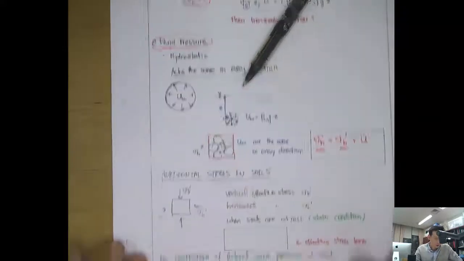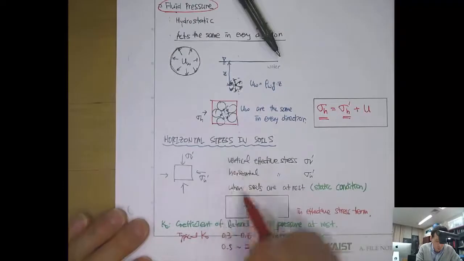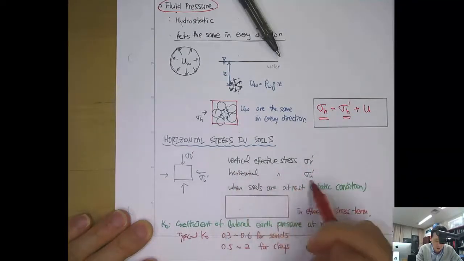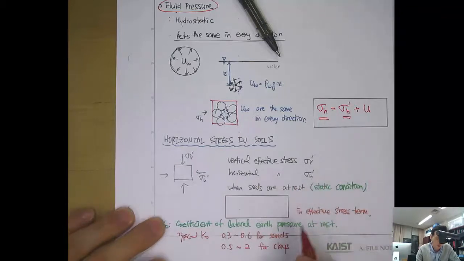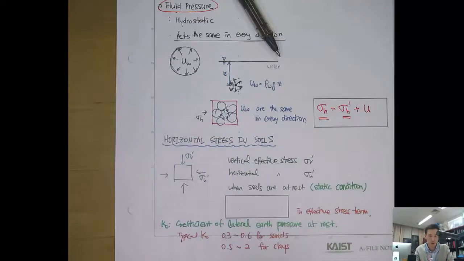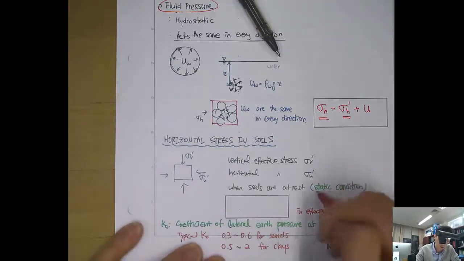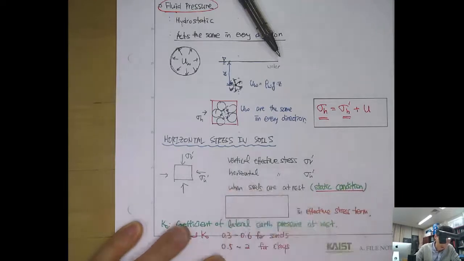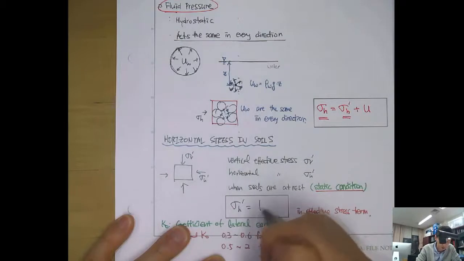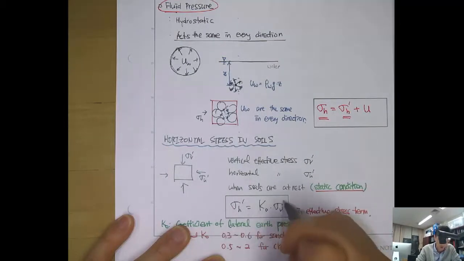So horizontal stress in soil, again: vertical effective stress is sigma v prime, and horizontal effective stress is sigma h prime. In this case, when the soil is at rest, which means the soil does not move, it's in a static condition under force equilibrium, then sigma h prime is K naught times sigma v prime.